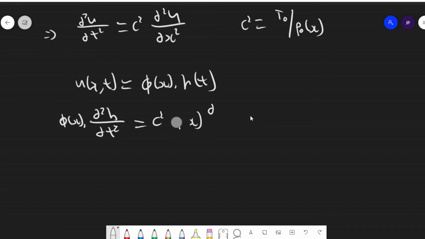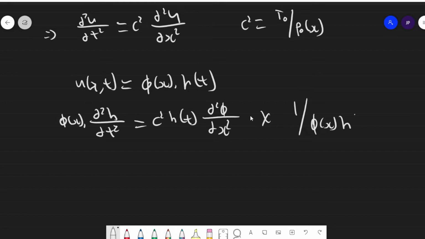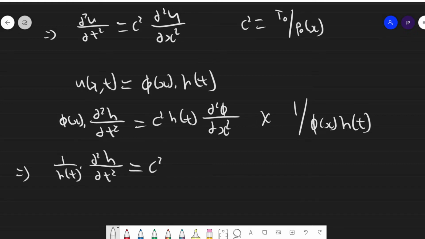Sorry, this is supposed to be the t part, my mistake. Okay, so now we can multiply both sides by this, and I'll end up with this.